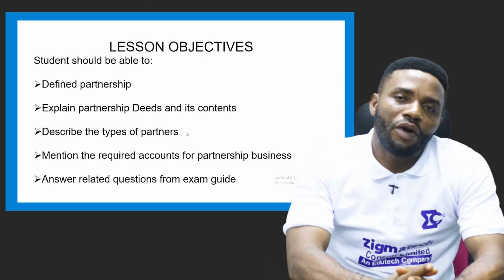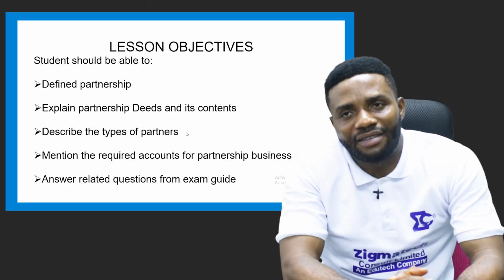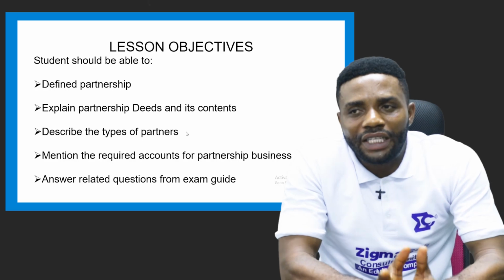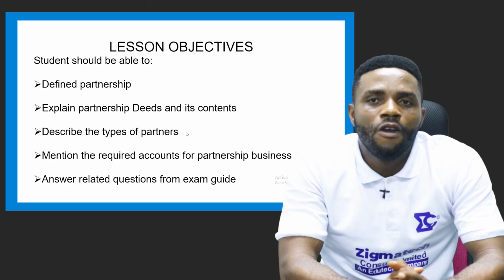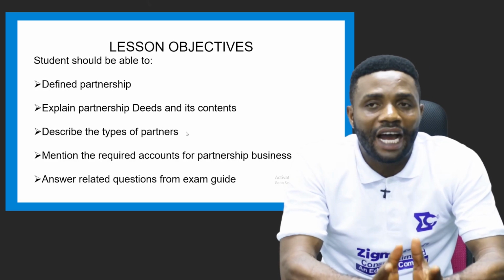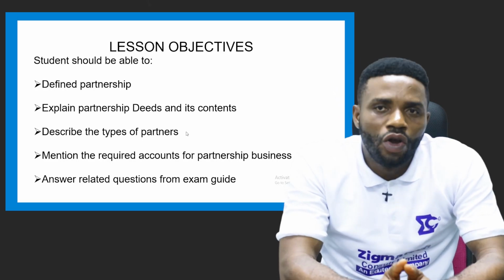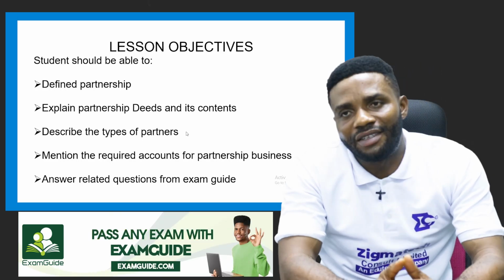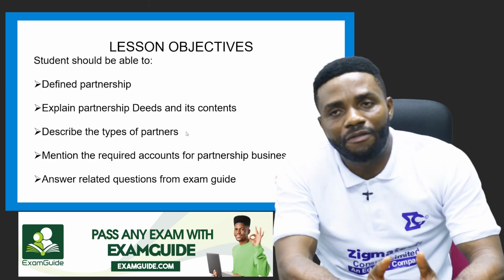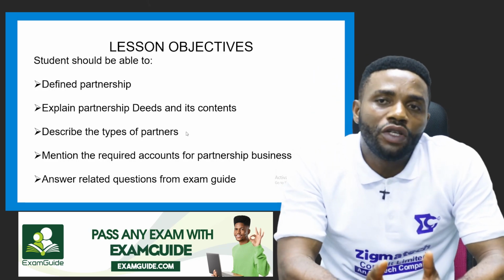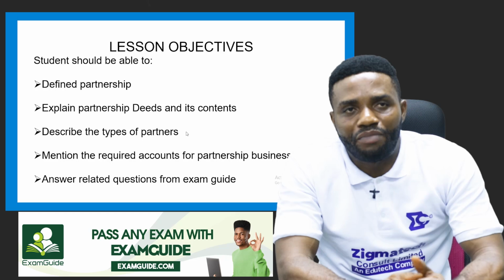The third objective, we are going to describe the types of partners. Not everybody that belongs to a partnership business is actually a partner. We have just a few categories, types, classifications of persons that can form a partnership business. We are going to look at that under the types of partners. And then we mention the required accounts for partnership business.